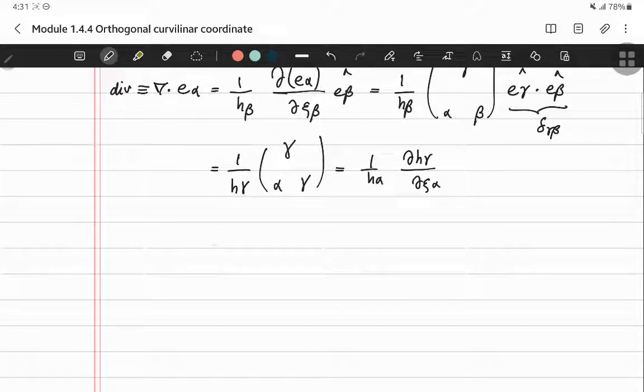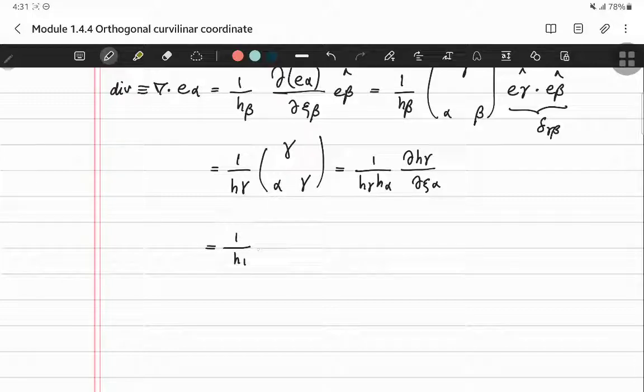Oh, I missed this: 1 over h gamma h alpha.